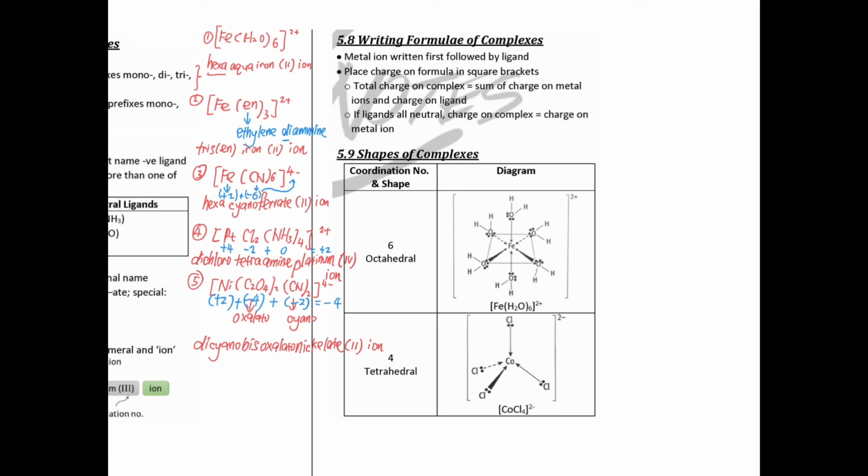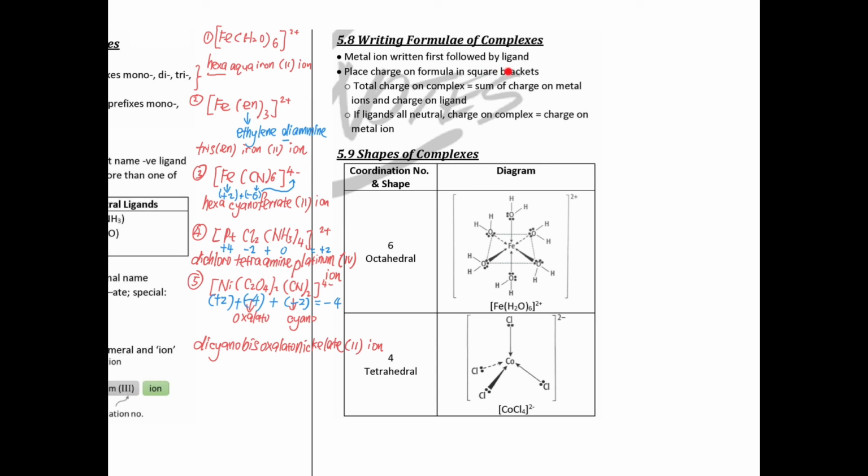You can see the example here. When we write the formula, [Fe(H2O)6], Fe is the metal ion, followed by the ligand, and then followed by the charge. Place the charge on the formula in square brackets.